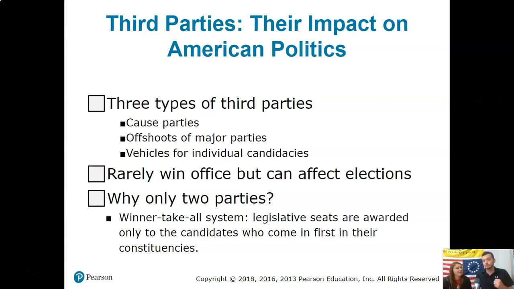Let me give you an example. We're in the early 1900s. Teddy Roosevelt has been president. Everybody loves him. He decides not to run again for a third term. He chooses Taft as the person who would succeed him. And Taft wins. Taft is terrible. He gets stuck in a bathtub.